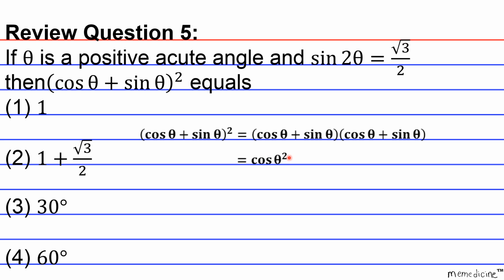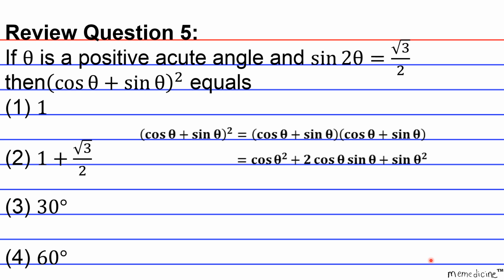And now you're going to get 2 the cosine of theta times sine theta, because when you multiply the inside terms and the outside terms together, you get cosine theta times sine theta, but you're going to get this expression twice, okay? Now let's multiply the last terms. And so you're going to get the sine of theta squared. And just pretend that there's a parentheses surrounding this, because the square doesn't apply to theta per se, it applies to the entire expression, okay?